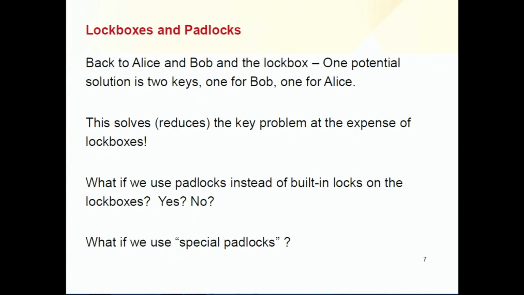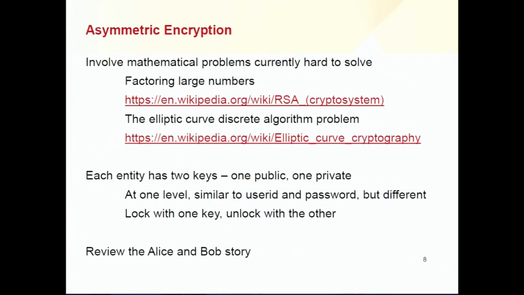But it has to be, if Bob locks it, Alice has to be the one to unlock it. So that's a very special kind of padlock. So that brings us to asymmetric encryption.